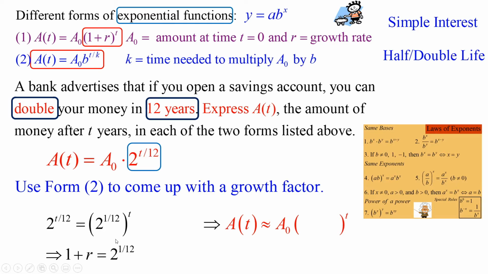When you punch that out, make sure you put that 1 over 12 in parentheses, and I got 1.059 as a growth factor. Now I can leave it like that, but if you want to go to the form 1 plus r so you can clearly see your growth rate, you could rewrite it like that. That equals A sub 0 times the growth factor of 1 plus my growth rate of 0.059.